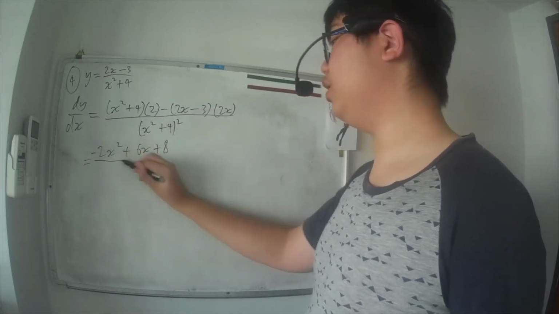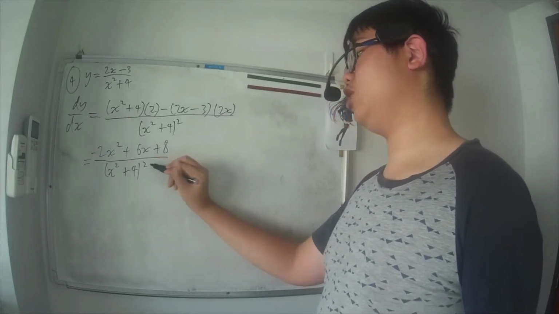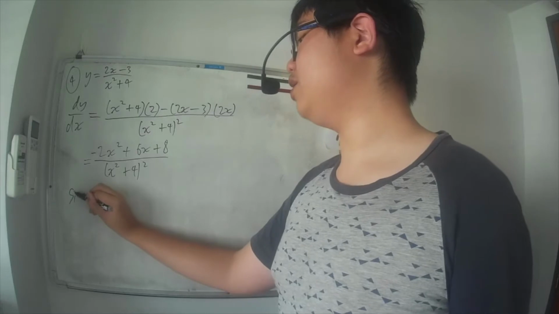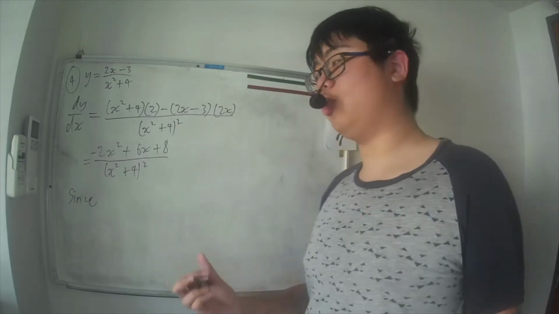All over x squared plus 4 whole thing squared. Okay, now first of all, we want to find this more than 0, right? Since we are finding an increasing function.